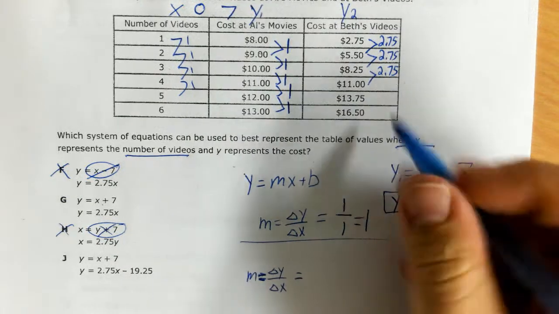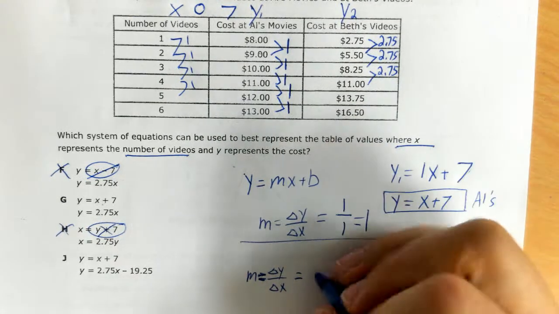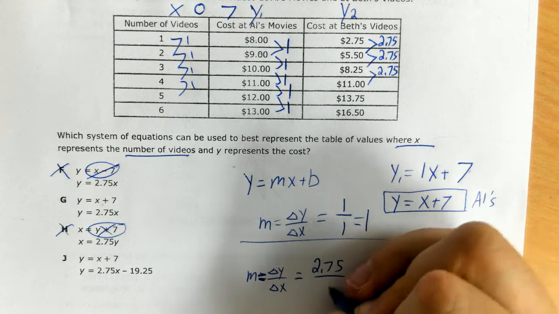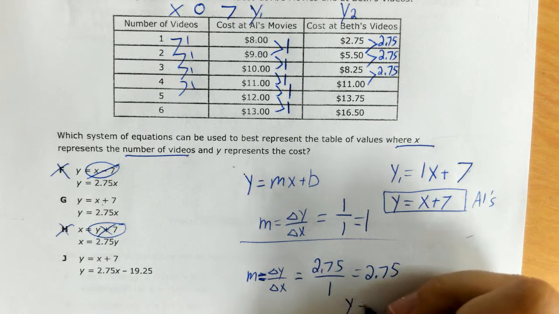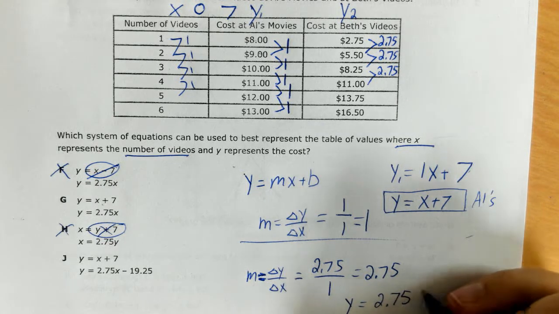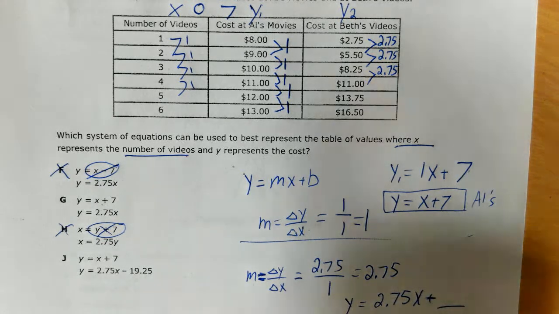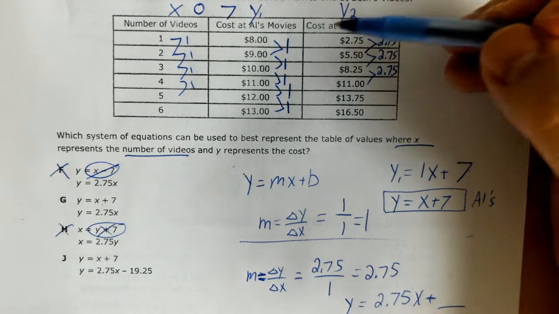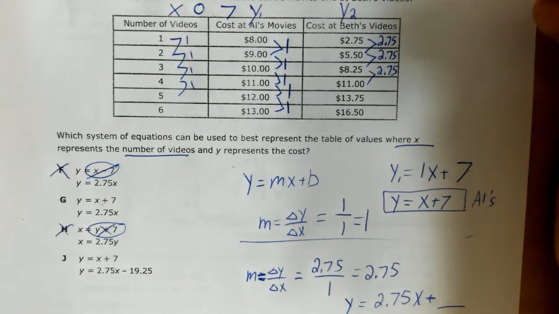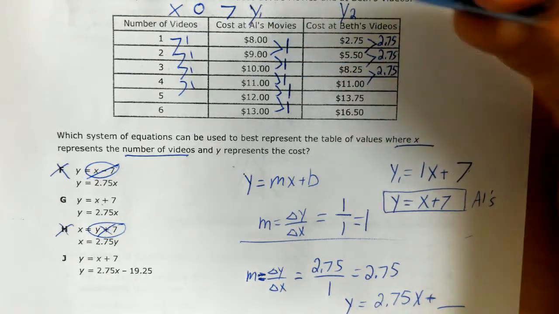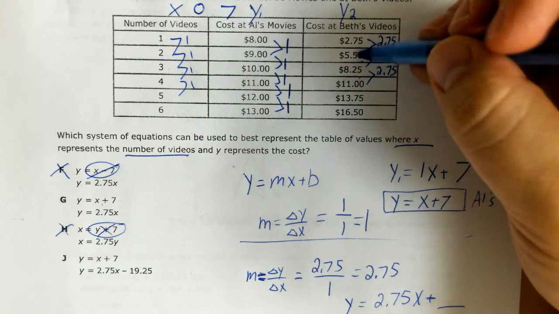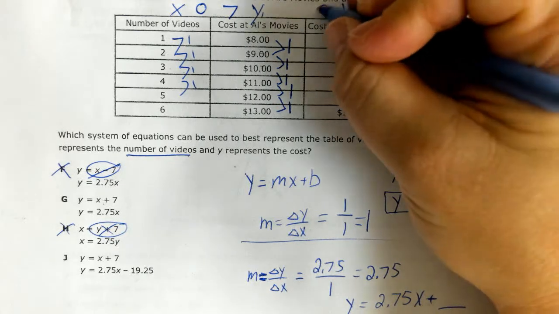So what's my delta y? 2.75. My delta x is 1. So I should get y equals 2.75x. Now I need my b. 3, 2, 1, 0. 8.25, 5.5, 2.75, 0.